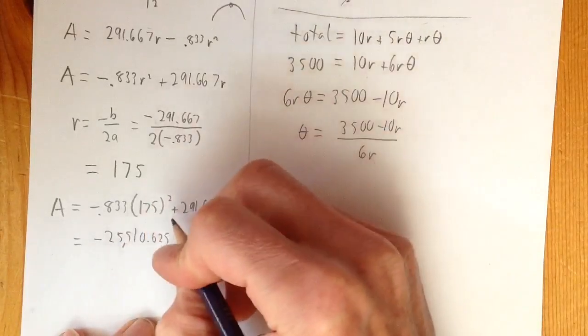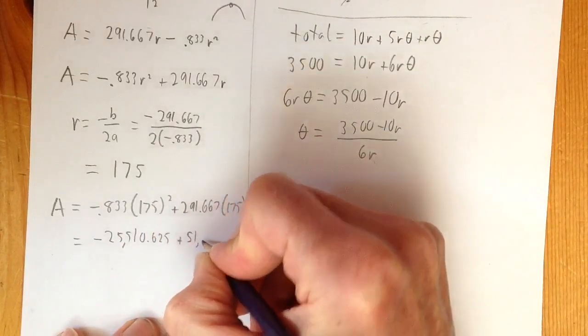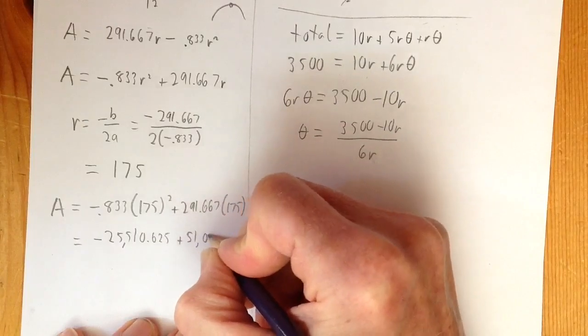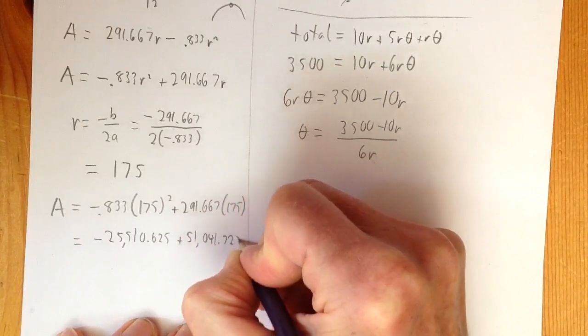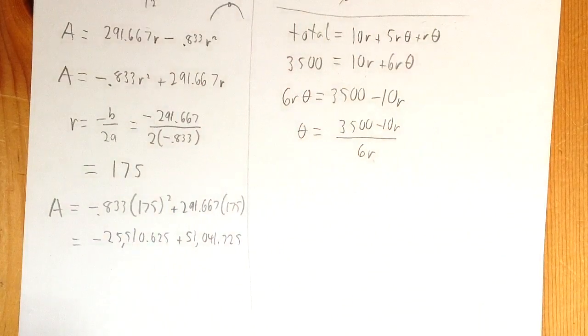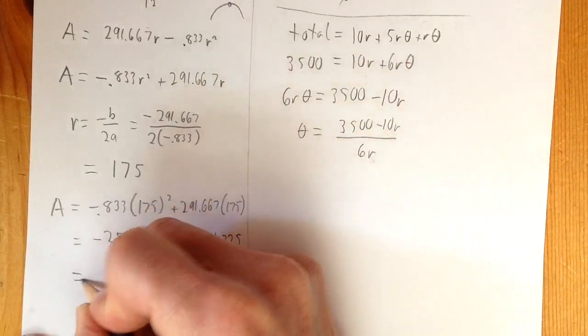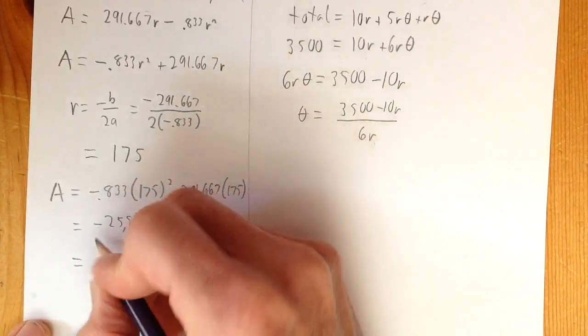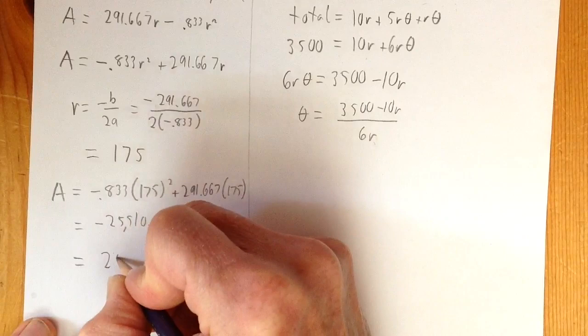So that's 25,000, this one's 51,000, and 41.725. So subtract those. 0.625, and I get about 25,531, close enough, rounded off.